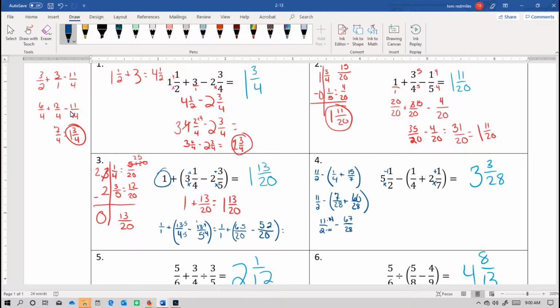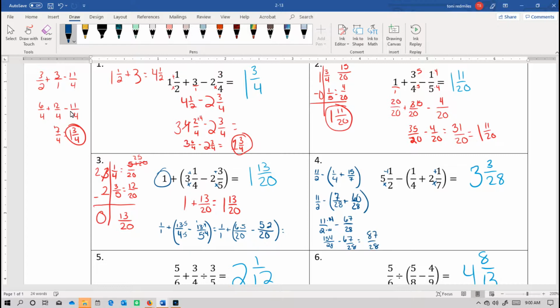I'm going to double check that. 154. And that's going to get us 87 over 28.